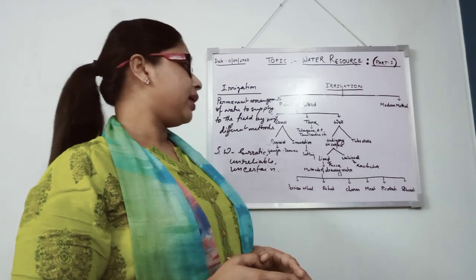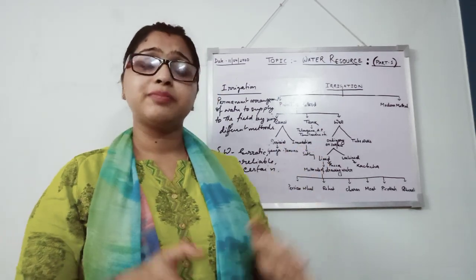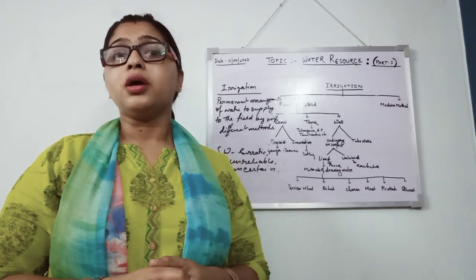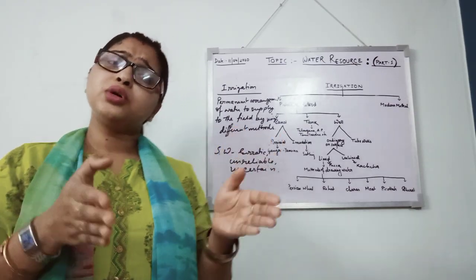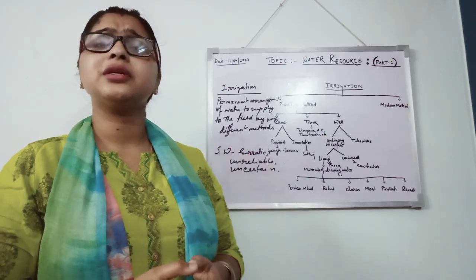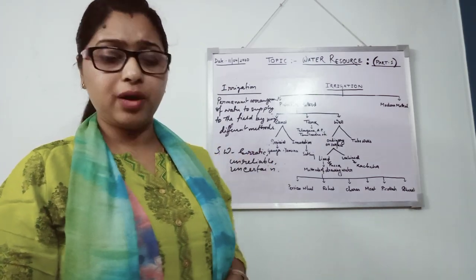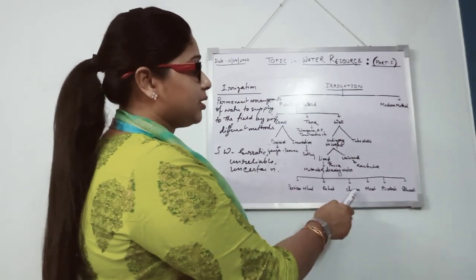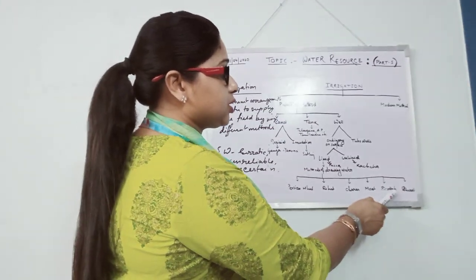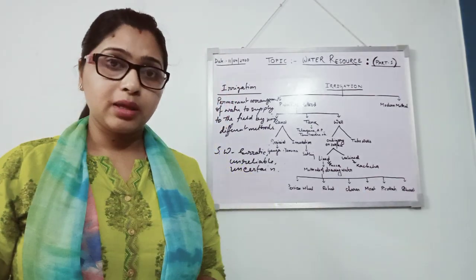Clear? And these lined wells mean constructed masonry work. These wells are also known by different names in different areas of this country. They are known as Persian well, Rehat, Taurus, Moat, Picotta and Dekali.